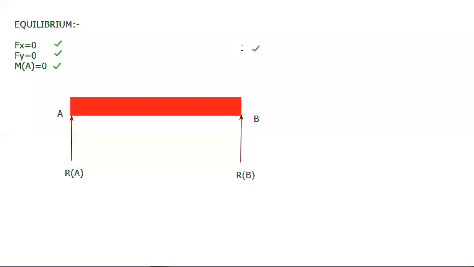Now, how will you calculate this? Suppose that your 50 Newton force is applied here, and the distance between these two points is given as 10 meter, and the distance from point B is 5 meter.